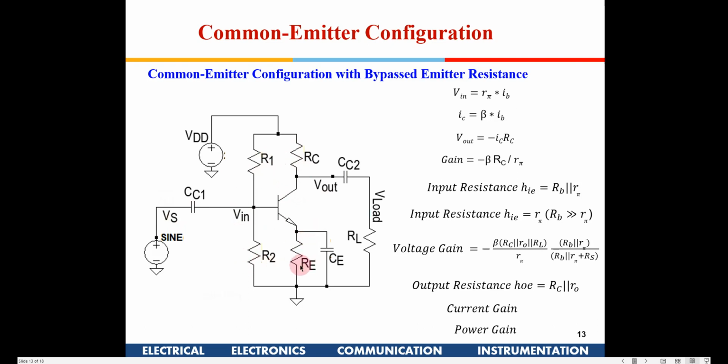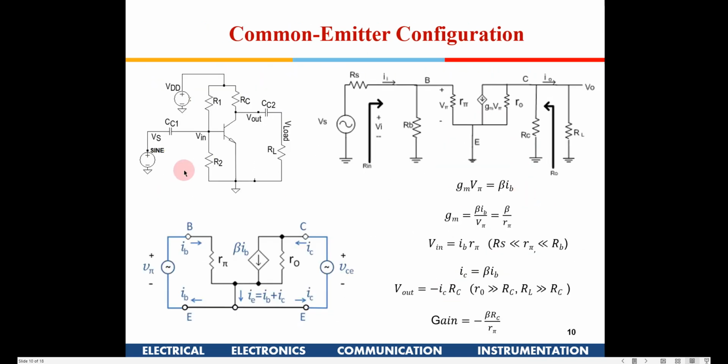Whereas for AC analysis we short this resistance, and then you get back the gain as beta RC by r pi. It is the common-emitter configuration without the emitter resistance. This is the same original gain which can go up to 1000, so you are getting high gain again. The rest of the things remain the same as in this configuration.